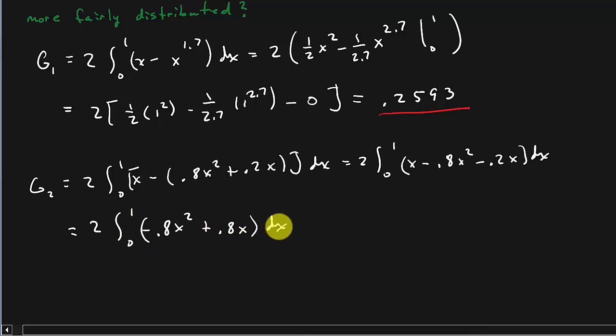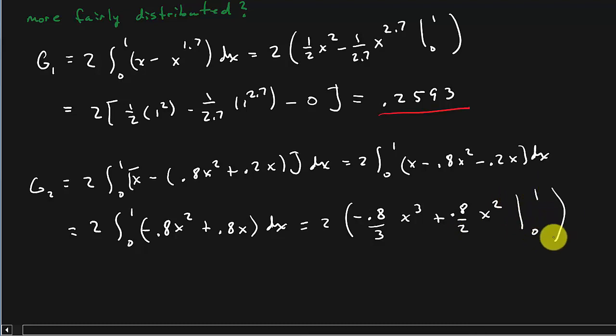Okay, so now we've got 2 times negative 0.8, that's x cubed. Add 1, divide by the 3, or multiply by 1/3, which is negative 0.8 over 3, plus that's x squared, which is 0.8 over 2, from 0 to 1.